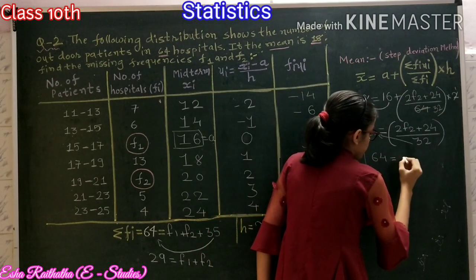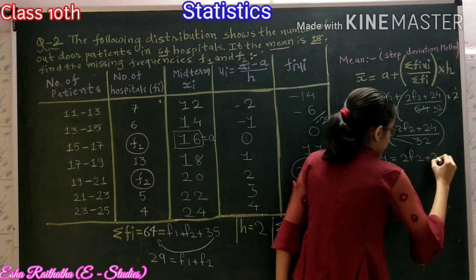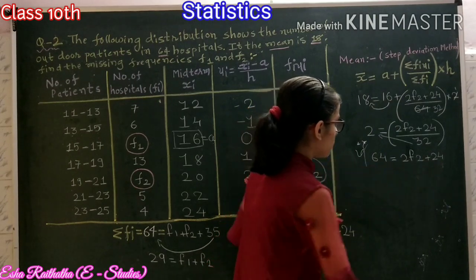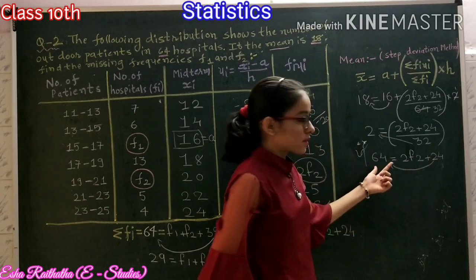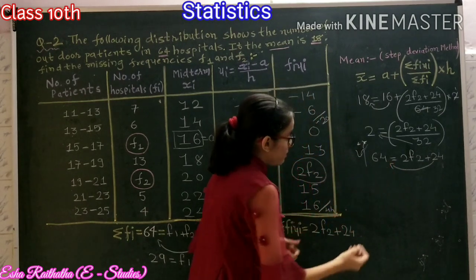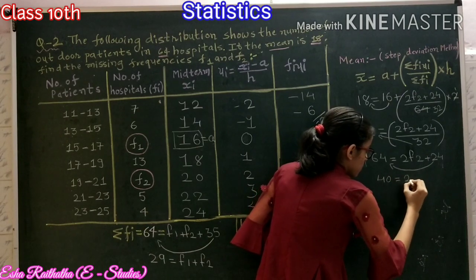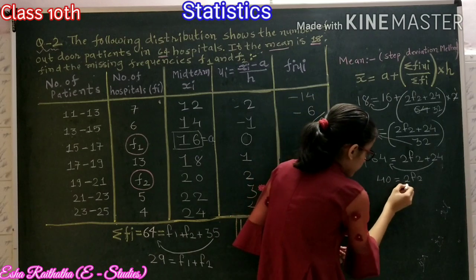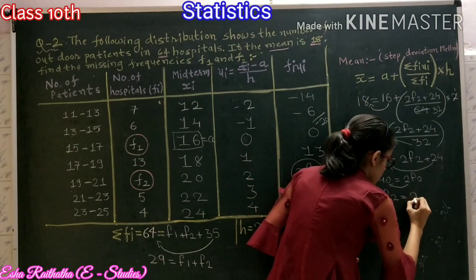So 64 is equal to 2F2 plus 24. Now 24 will also go to the other side, so 64 minus 24 becomes 40, which is equal to 2F2. So 2 will go to the other side and F2 is equal to 20.